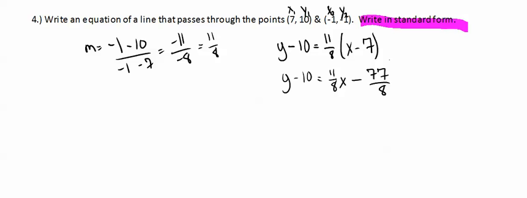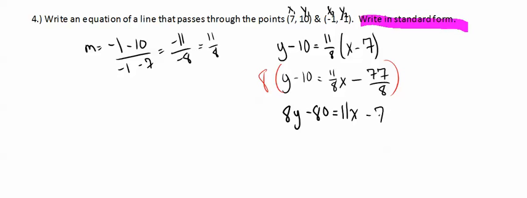Now, for standard form we don't want fractions, so we're going to multiply everything by the denominator. If I do something on one side, I can do it to the other, and it will cancel out. And we will get 8y minus 80 equals 11x minus 77. Because when we distribute the 8, the denominators will cancel, and that will make it a little bit easier for us to work with.